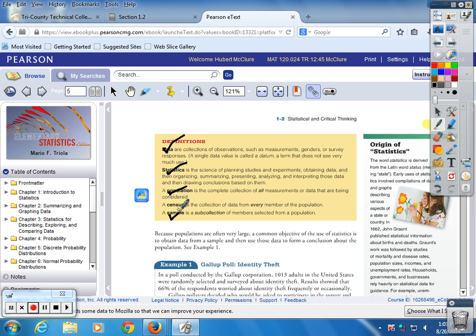Small money. In other words, you don't put as much money into a sample as you do a population. Now, where does it come in good in the business aspect of it? You can use it in marketing, you can use a small sample of people to predict what the population is going to be.